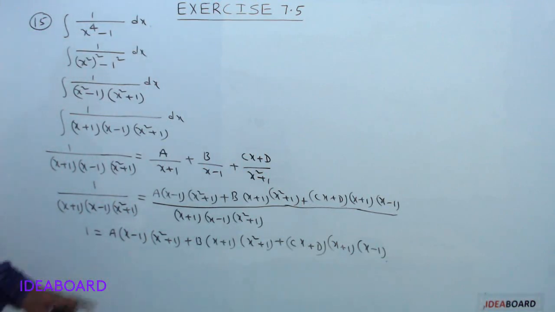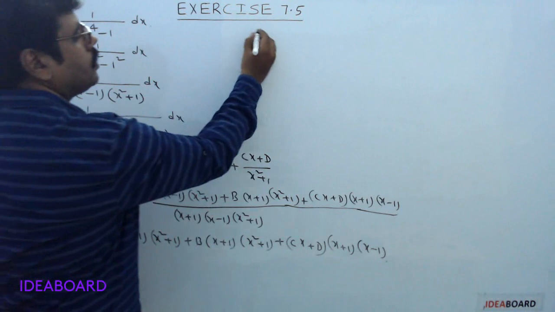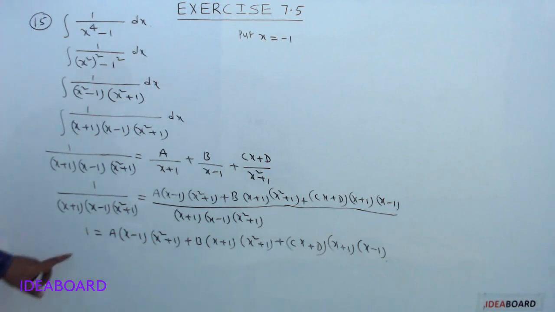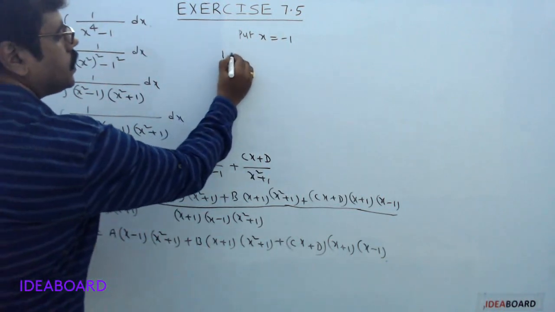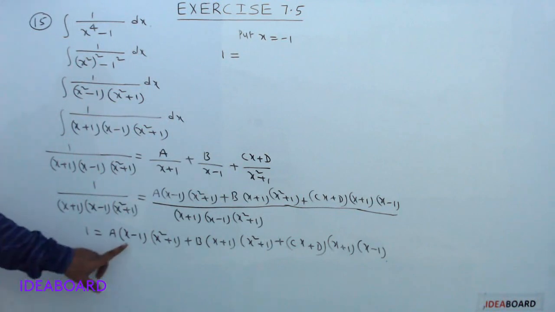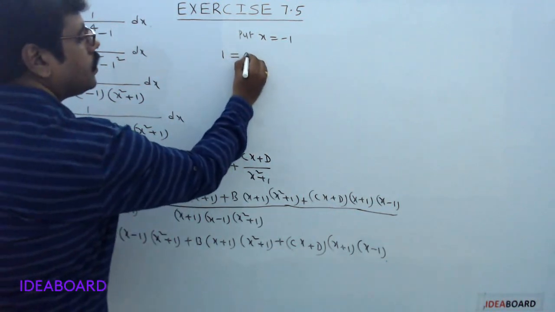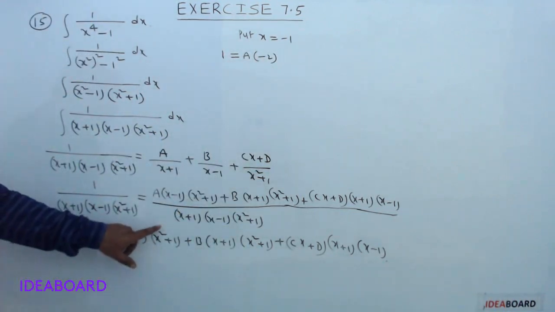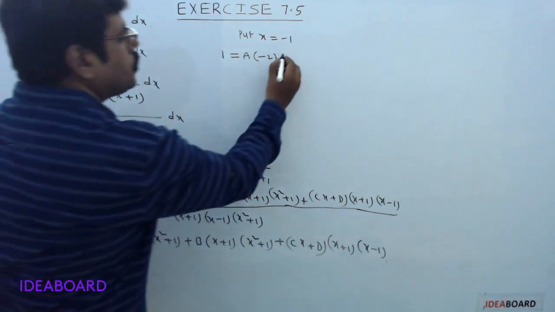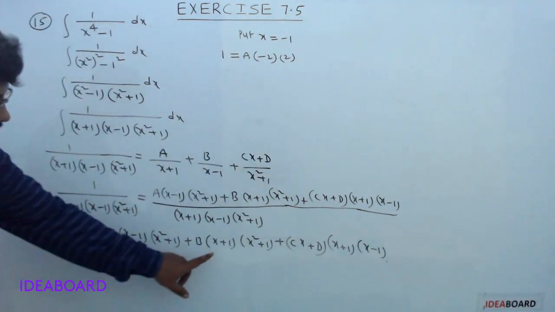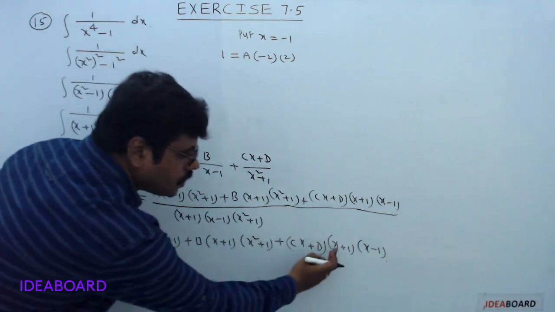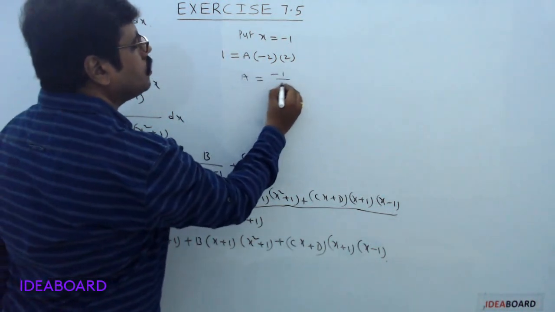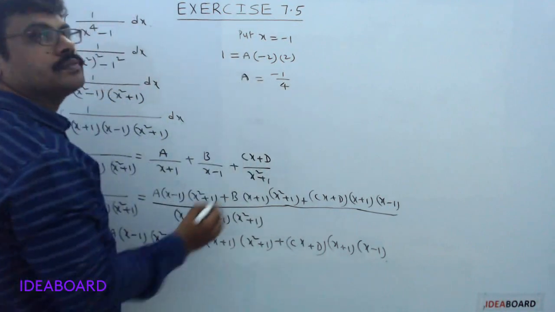So substituting x equal to minus 1: in the left hand side it is the constant term 1. On the right, a into minus 1 minus 1, that is minus 2, into minus 1 whole square plus 1, that is 2. The other terms are 0. So on simplification, you get a equals minus 1 divided by 4.